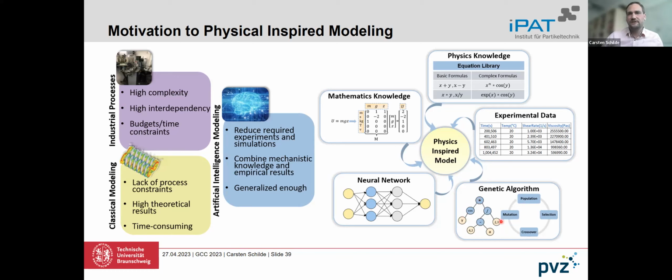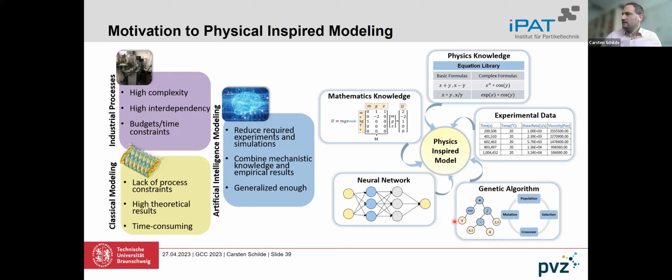These tree structures give us the formula where the parameters are at the end and the mathematical operations are the nodes of the tree. And the genetic programming is exchanging parts of these trees and mutating parts of these trees, finding the best solution for an equation. However, this equation is then empirical.